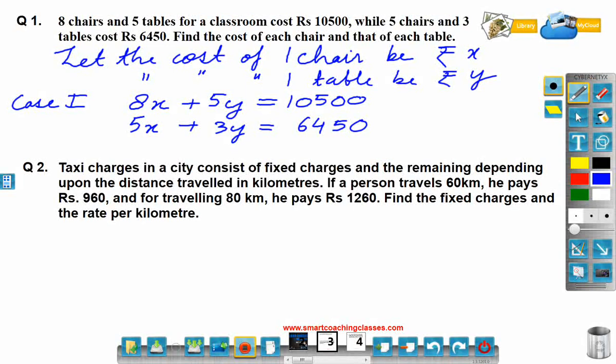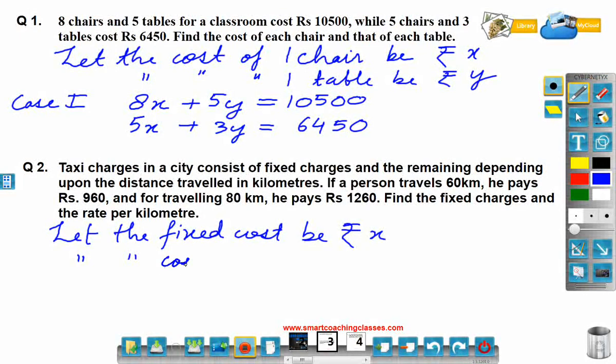Okay, so here what we will do is we will say let the fixed cost be rupees X, and let the cost per kilometer be rupees Y per kilometer.